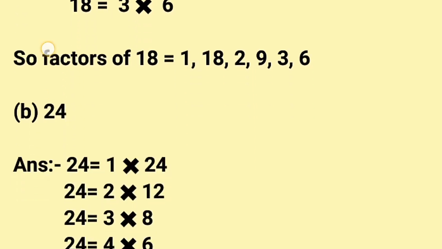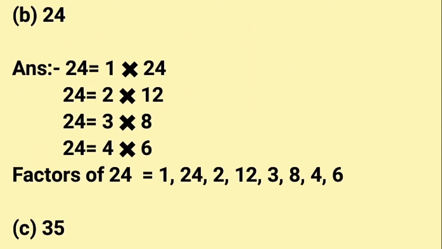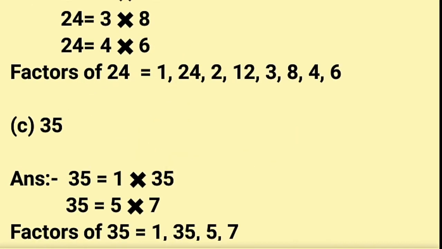B part is factors of 24. So here 24 is equal to 1 into 24, 24 is equal to 2 into 12, 24 is equal to 3 into 8 and 24 is equal to 4 into 6. So factors of 24 are 1, 24, 2, 12, 3, 8, 4, 6, right?